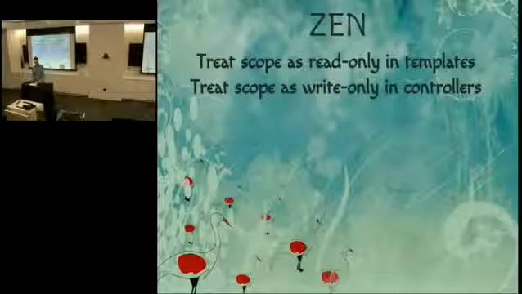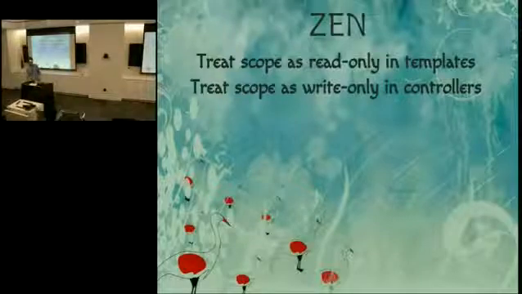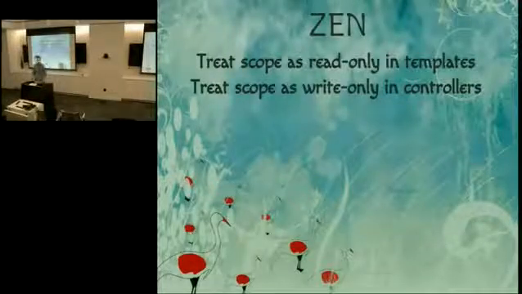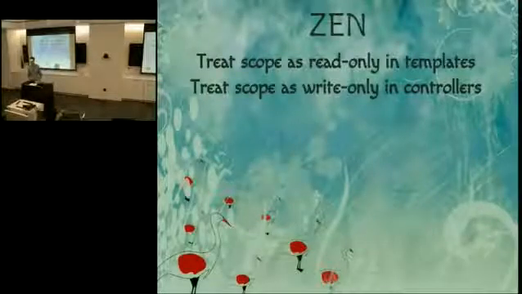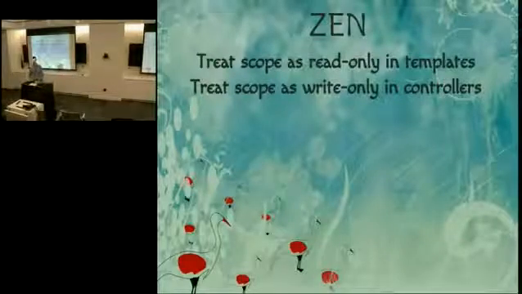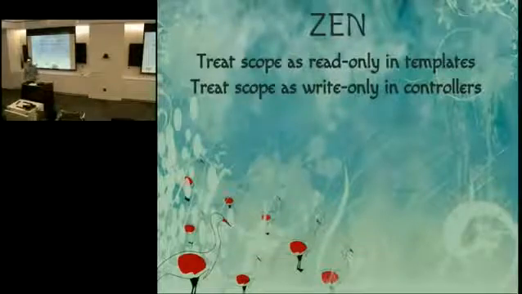Treat scope as read-only in templates and treat scope as write-only in controllers. So read-only in templates, I feel intuitively makes a lot of sense when you are writing your templates either for just regular pages or for directives. It makes it very difficult to test if you are changing values of your model inside of your markup.